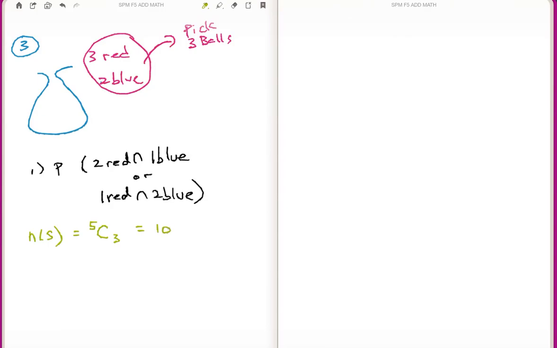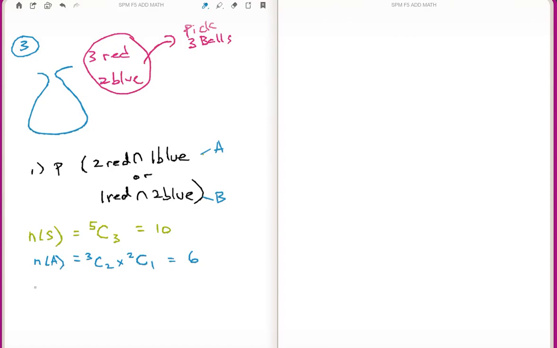Then this is my event A, and this is my event B. So find out my event A. What's the sample size for A? In order to get 2 red and 1 blue, out of 3 red balls, I choose 2, and out of 2 blue, I choose 1, and therefore that will be equal to 6. Okay, from calculator.